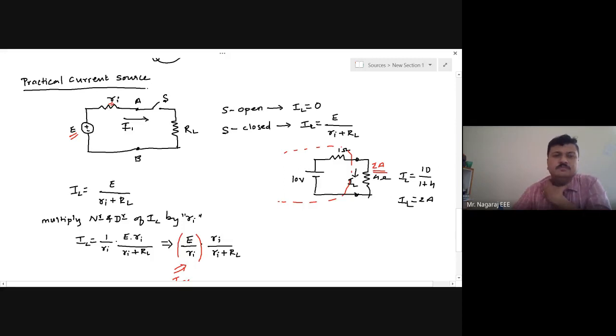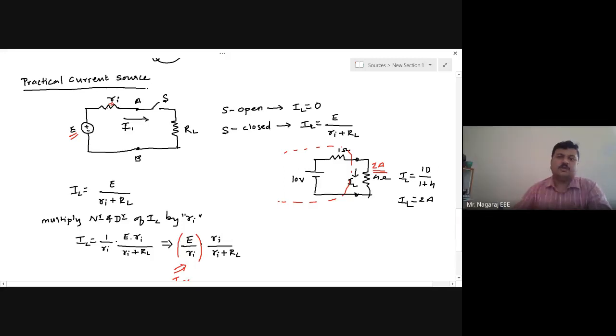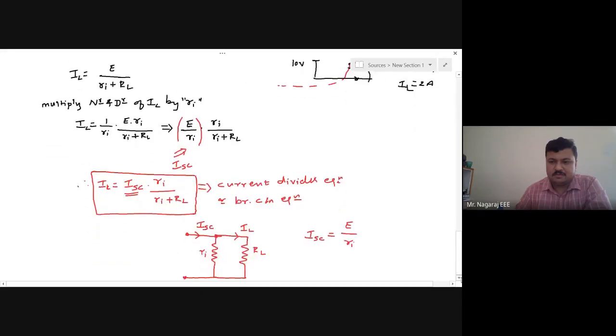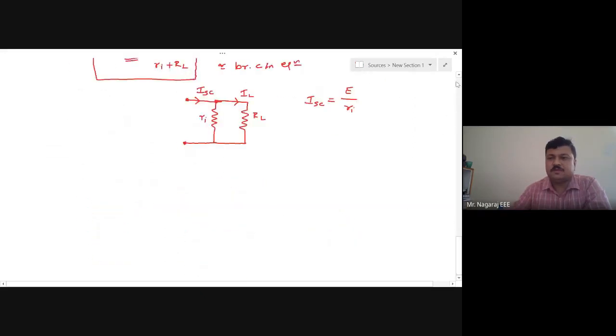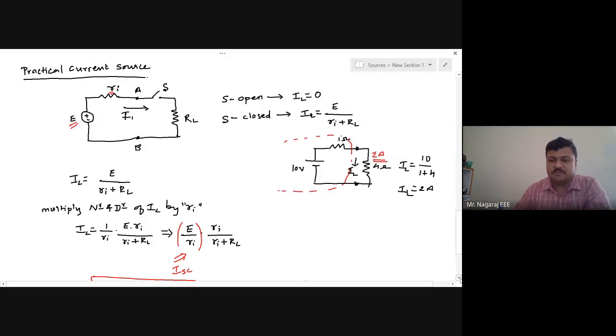Do you agree? Yes, sir. When a particular voltage source is fabricated, its EMF value and internal resistance will remain constant. Do you agree? Because anything when fabricated, the parameters won't change generally.